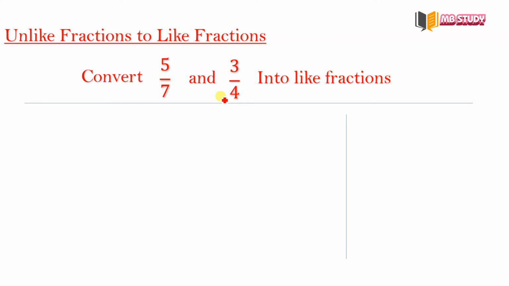Look at the solution. The LCM of 4, 7: we learned in previous classes how to find the LCM, and I will explain it here also, don't worry. There are no common factors for 4 and 7. If there are no common factors, we simply multiply the given numbers. 4 into 7 is 28. 28 is the LCM.